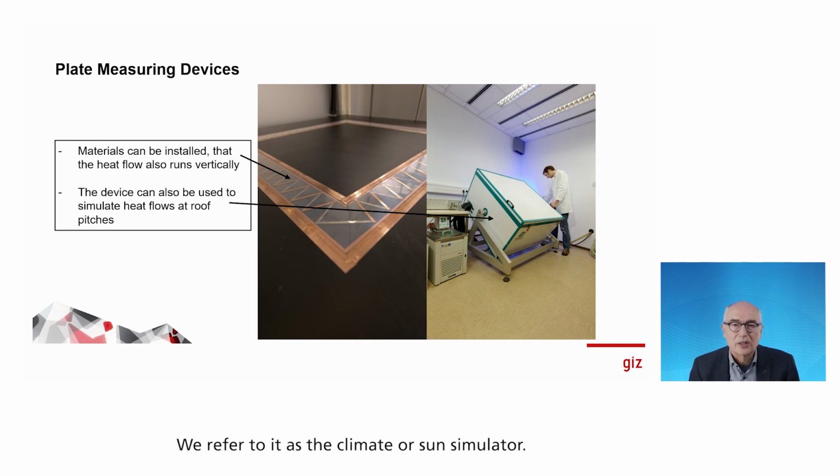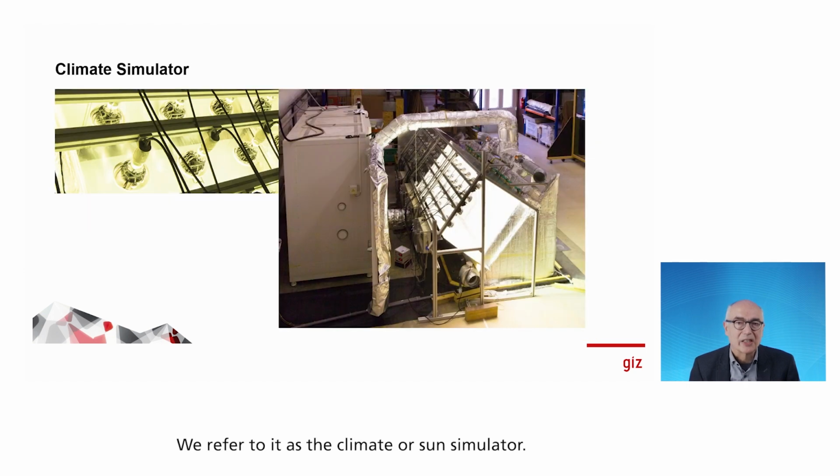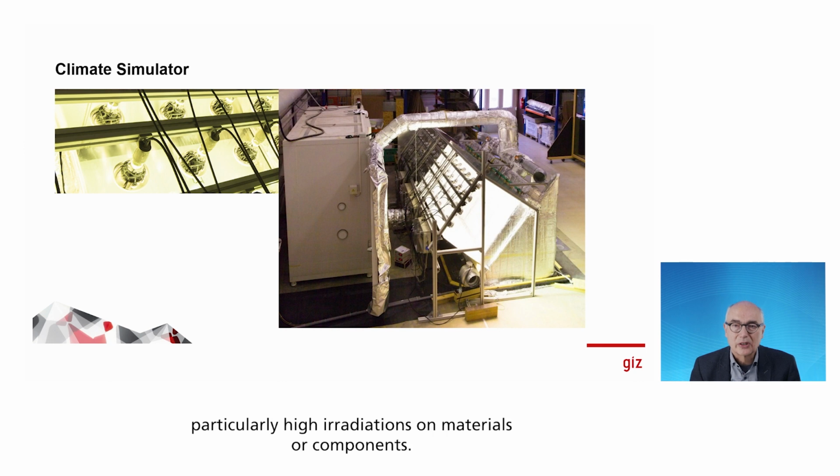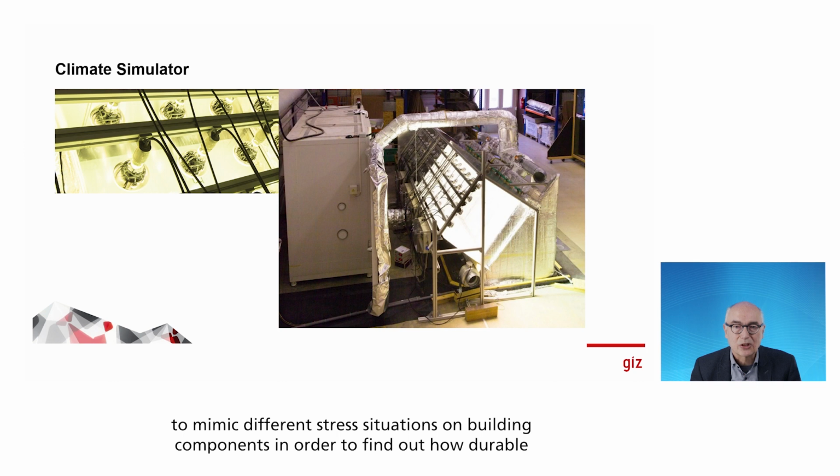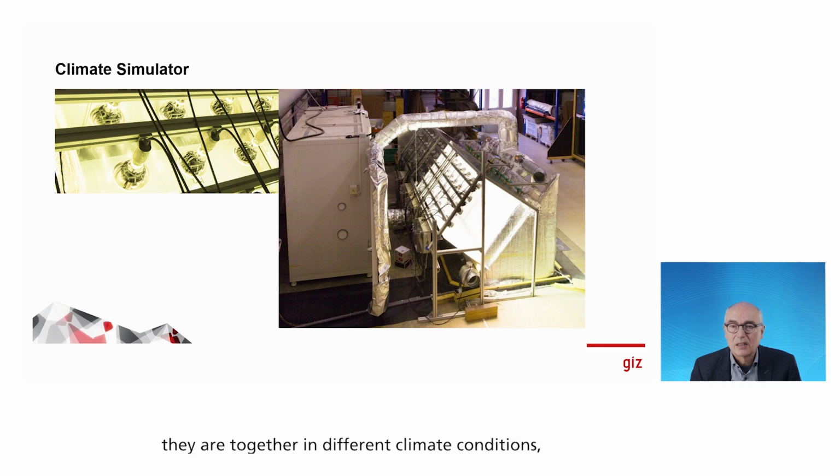We refer to it as the climate or sun simulator. With this measurement station, we can introduce particularly high irradiations on materials or components. This is used on the one side to simulate different stress situations on building components in order to find out how durable they are together with different climate conditions.